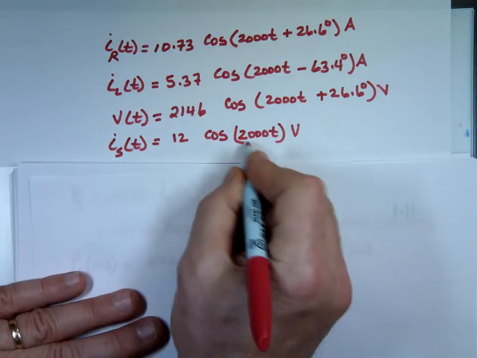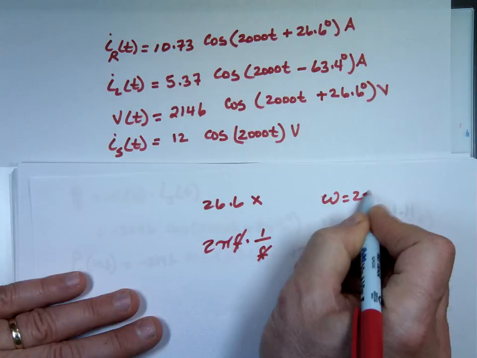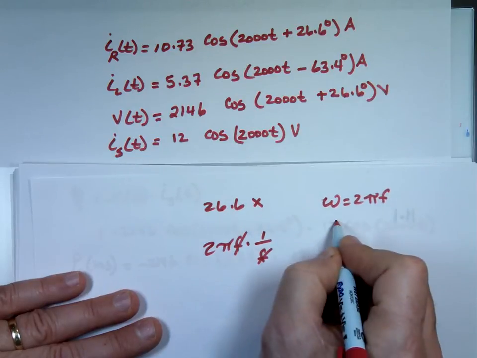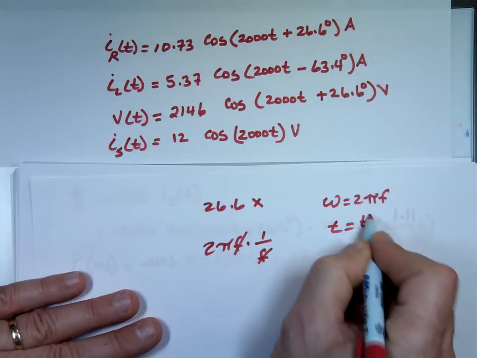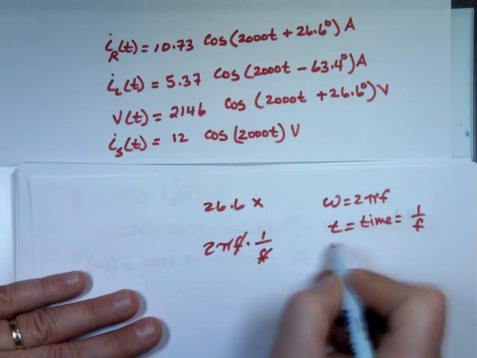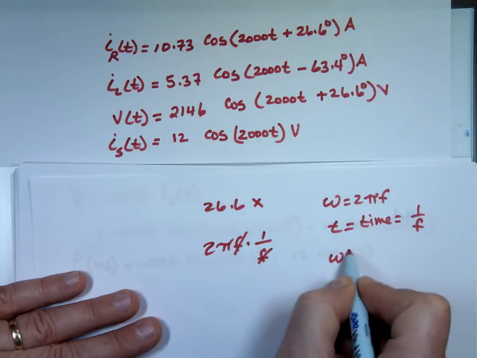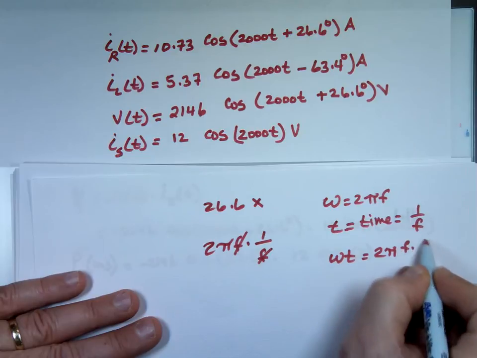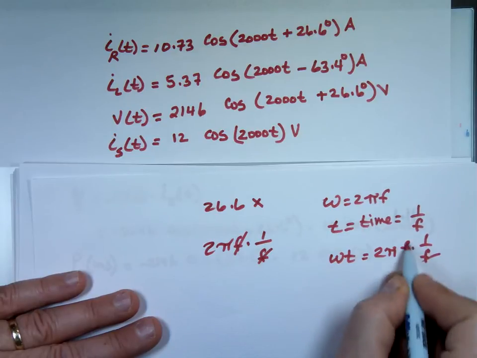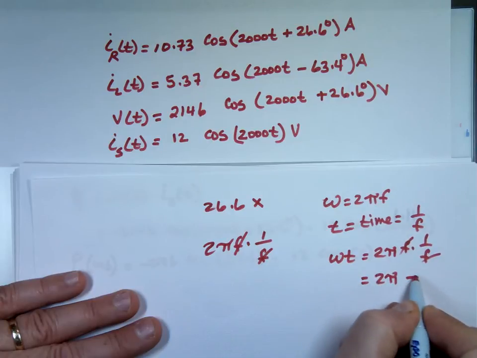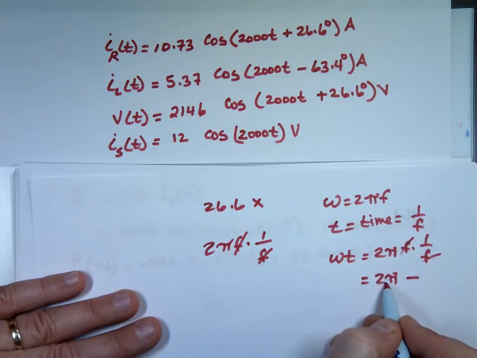W is 2 pi f. F is the frequency. T is the time, which is 1 over the frequency. So if you do the math, what's W times T? 2 pi, F times 1 over F. What happens to the F's? They cancel out. What do you end up with? 2 pi.